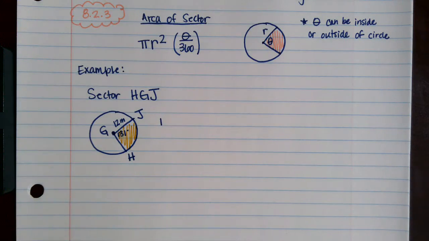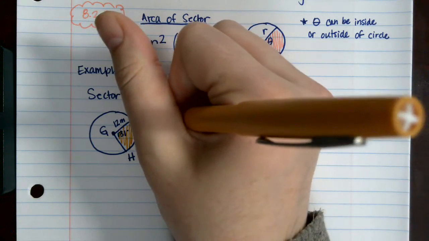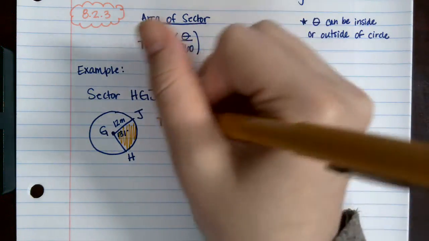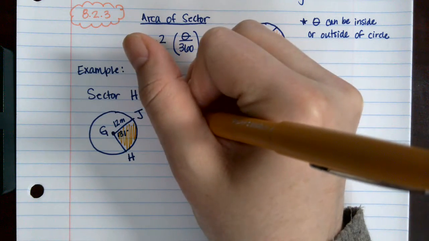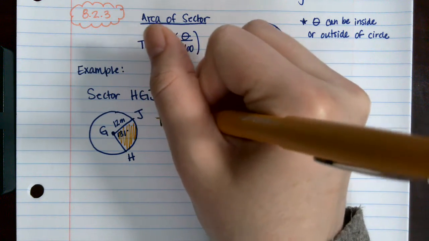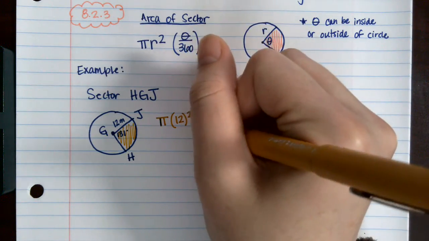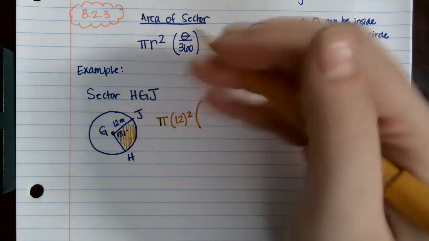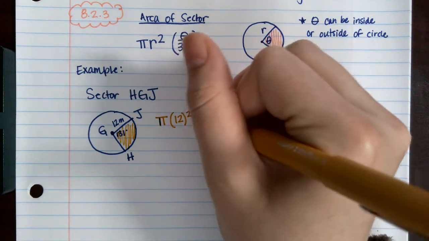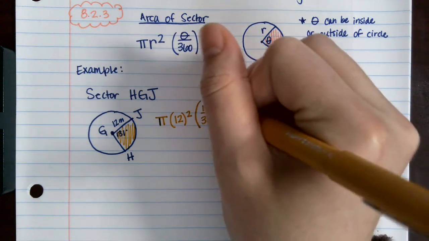I'm actually going to do this in a different color. So we have pi, and then my radius is 12. And then we want to do our fraction with our angle. So our angle is 131 over 360.